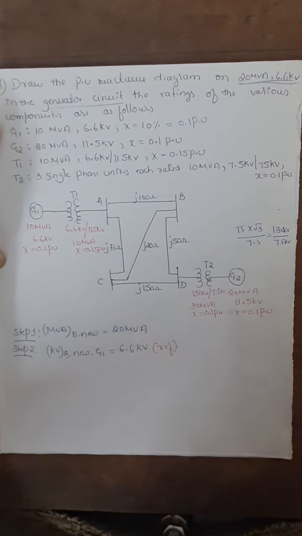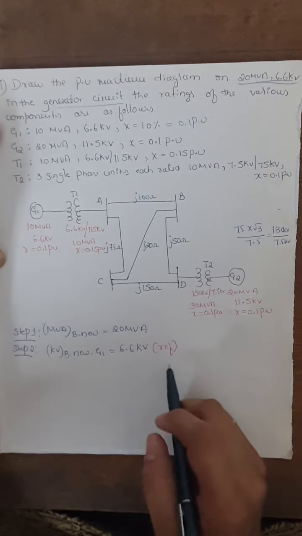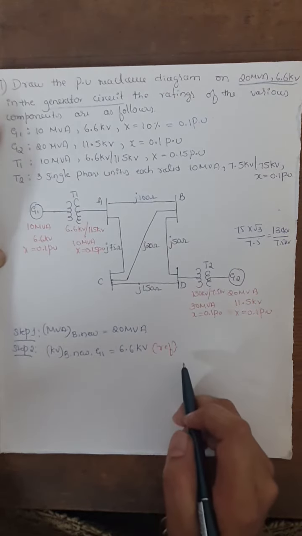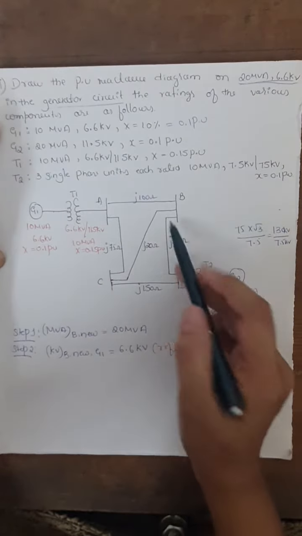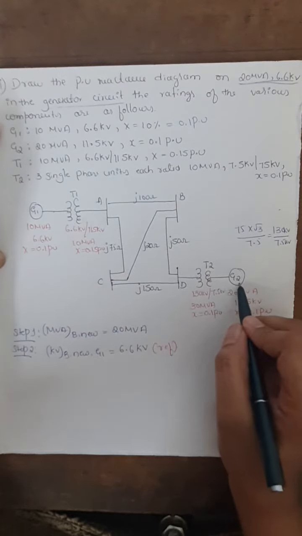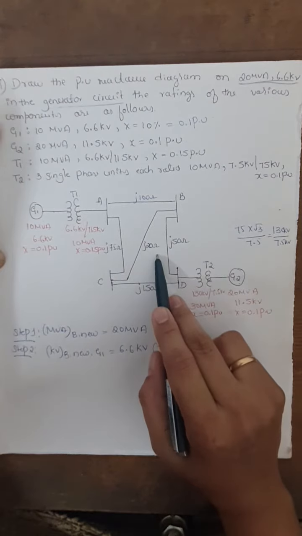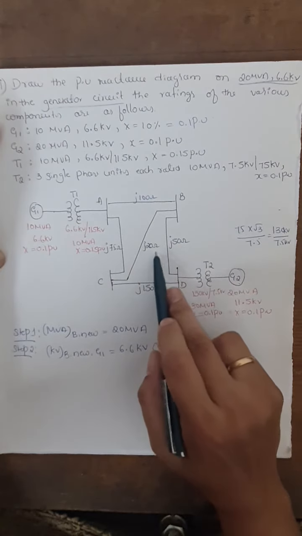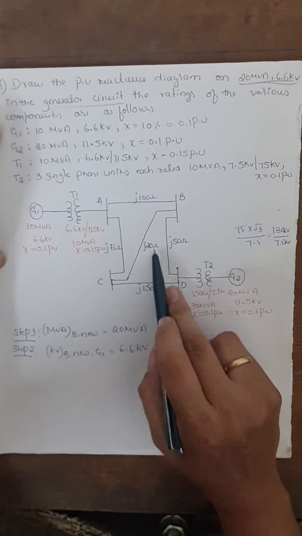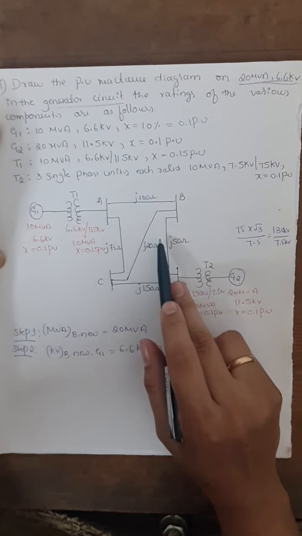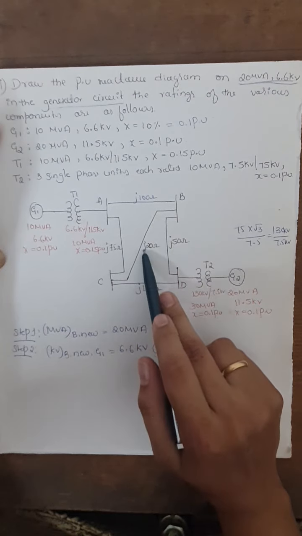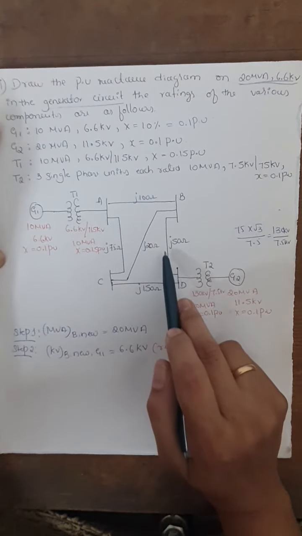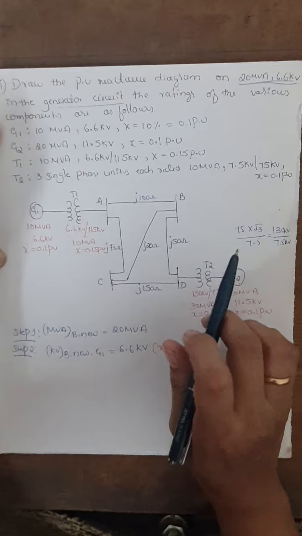This will be your reference or the base value. By taking this value, you need to calculate the base voltage of the remaining components, which means all the transmission lines, then generator 2. The transmission lines will be on the HT section. First write the HT formula, later we'll calculate the kilovolt base new for all the transmission lines. There are 5 transmission line reactances, and all 5 will have the same base voltage here. Now first I'll write the formula.